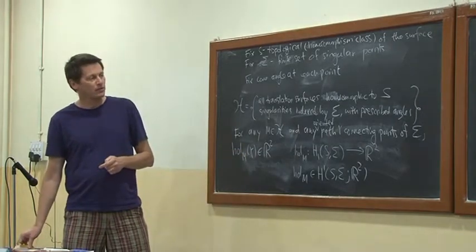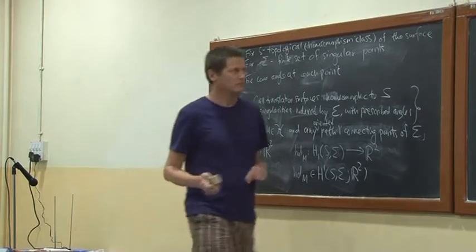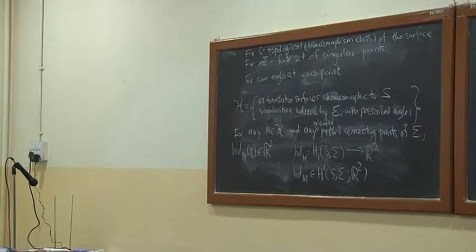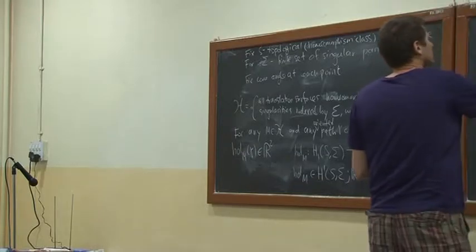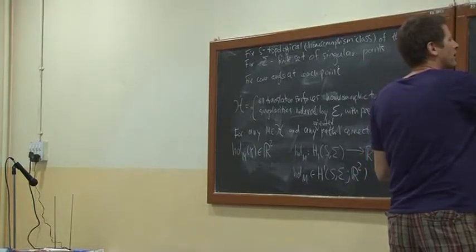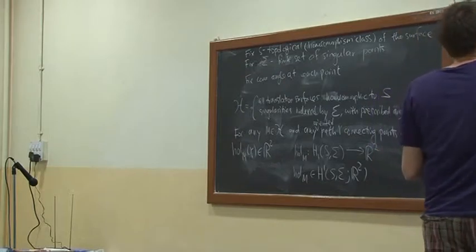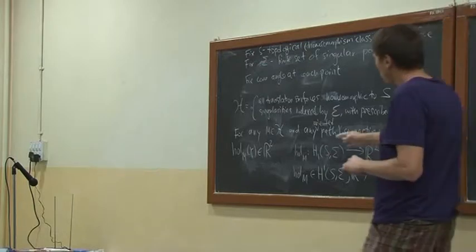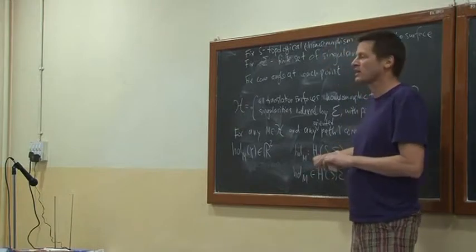And with this language, I can define something which is sometimes called a developing map. So we're getting a map from the stratum to the first cohomology group. But there are many such maps. I mean, this map depends on the identification that I make between this homology space and my picture.